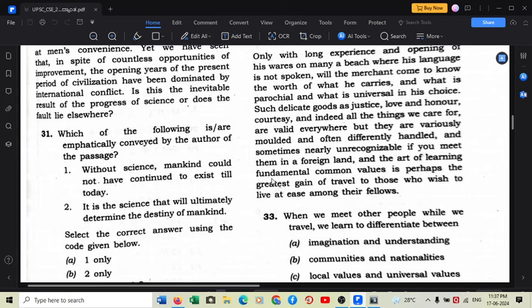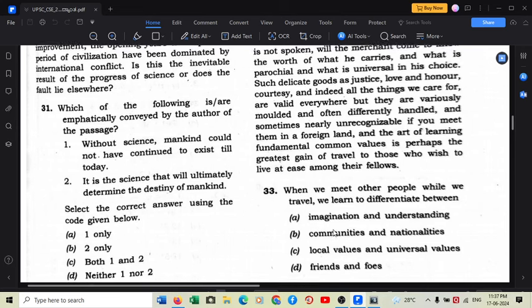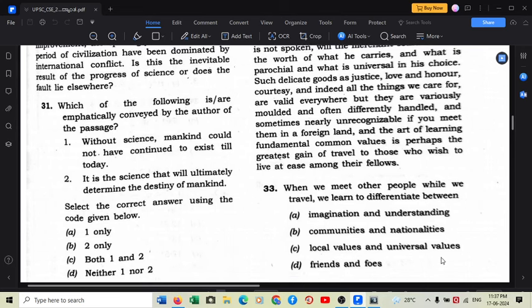No, the author is not talking about that. That the person who travels more will reduce the gap between imagination and understanding. The author is talking about option C, local values and universal values. Why? So where is the reference?